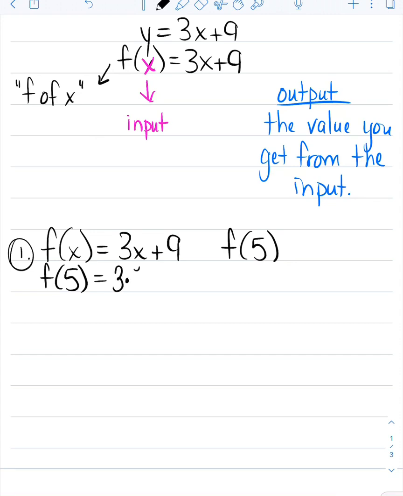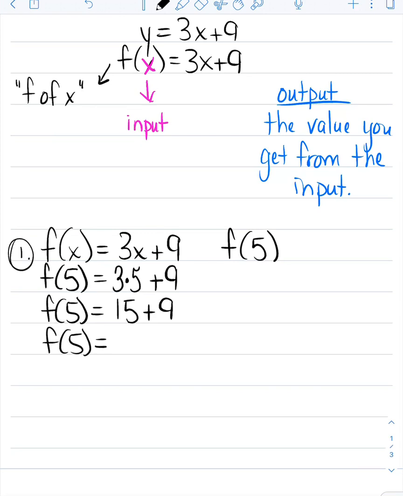So this becomes 3 times 5 plus 9. Once I substitute in the value, I just follow the order of operations. So f of 5 equals, remember first we do multiplication, so 3 times 5 is 15. And then 15 plus 9 gives us 24. So I input the 5 and I got out 24. So f of 5 equals 24.